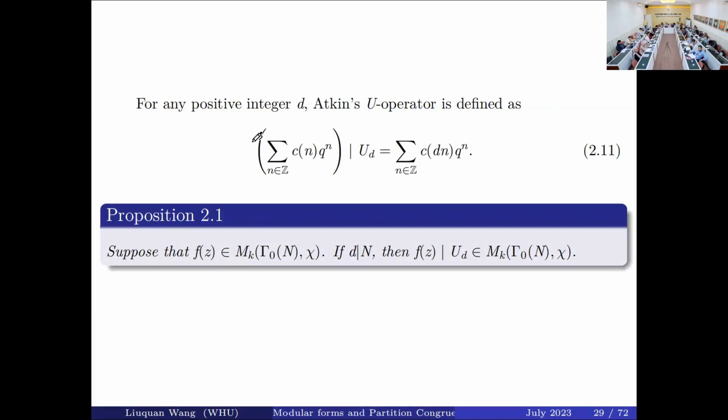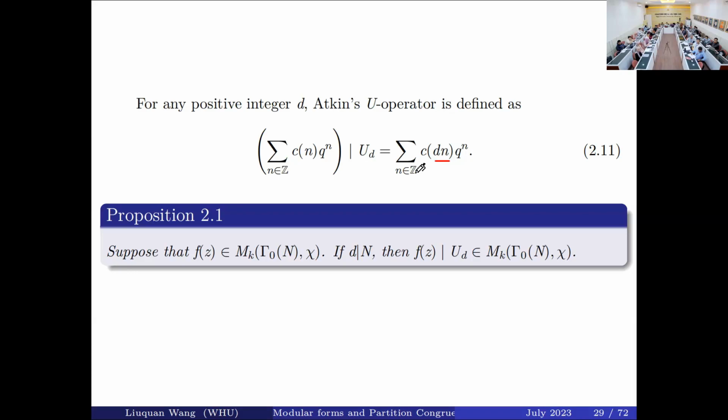So for any positive integer d, Atkin's U operator is defined as follows. Given any formal power series with coefficients c(n), you act with this U operator U_d. It selects the terms in which n is divisible by d, and then you change the power nd to n.